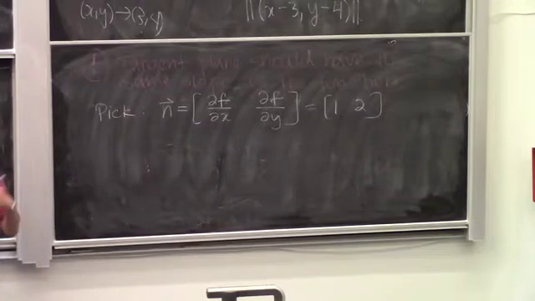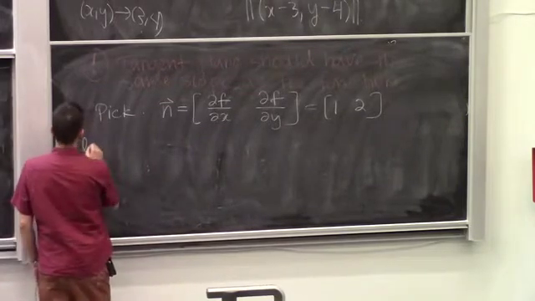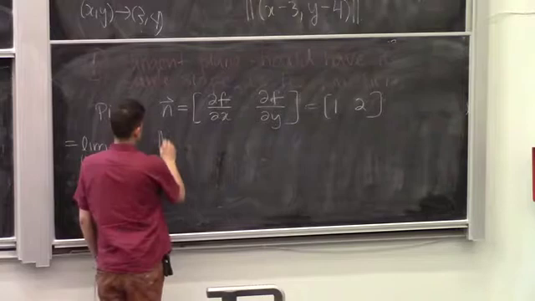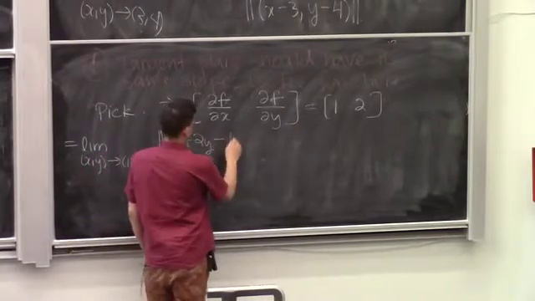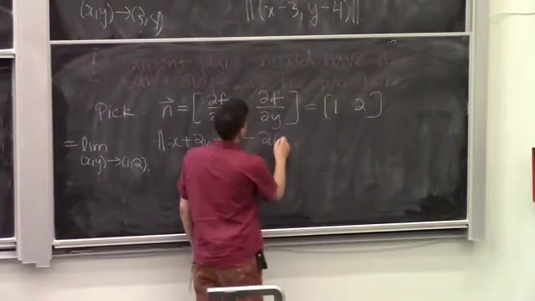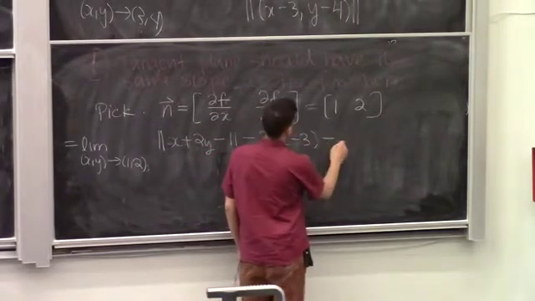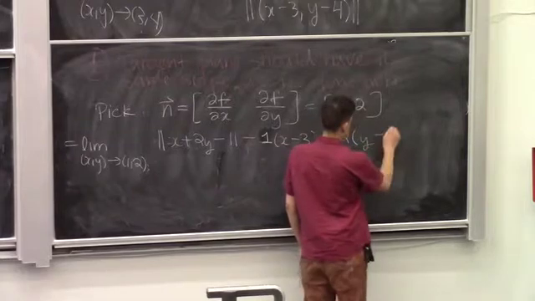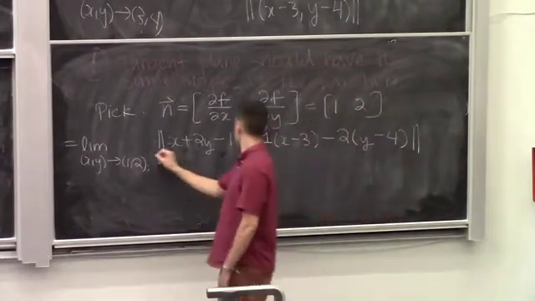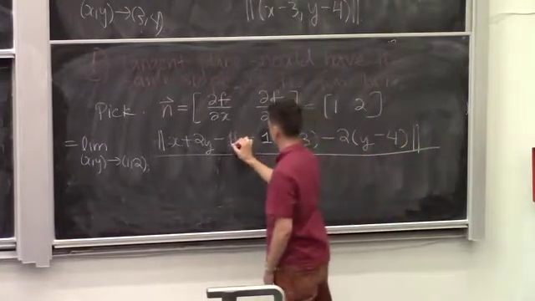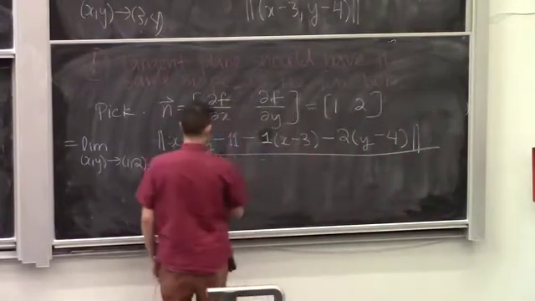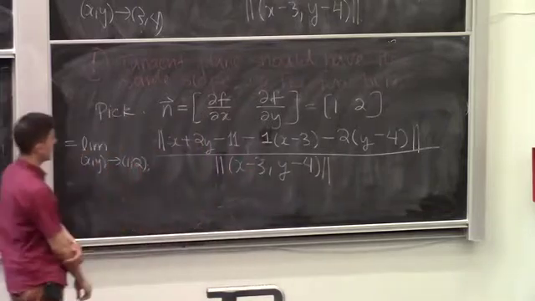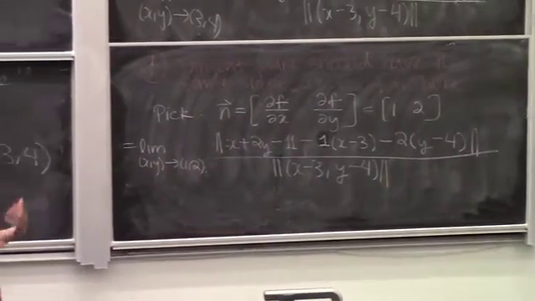Right, following this idea of similar slope. We get this. So now we've got a whole bunch of explicit numbers to work with.